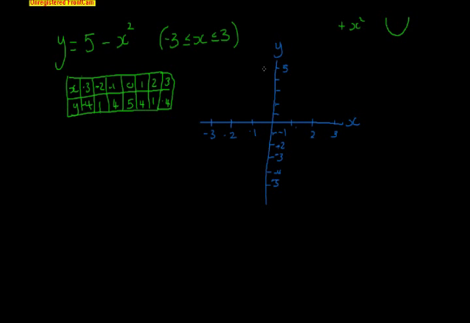Plot our points like we did with the previous example. At x is -3, y equals -4, which is about down here. x is -2, y is +1, which is here. x is -1, y is now +4, which is there. 0 and 5 is a turning point. 1 and 4, 2 and 1, and 3 and -4.